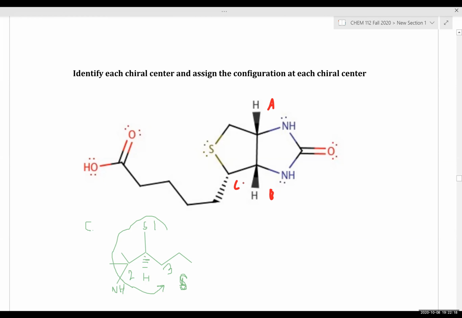So let's keep working on this example. And I'd like to see students sharing their proposed assignment for our other 2 stereocenters.